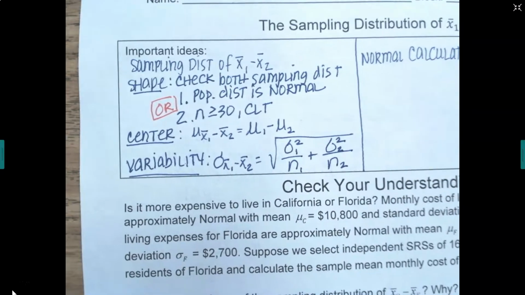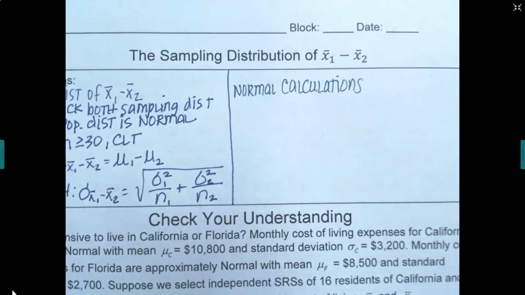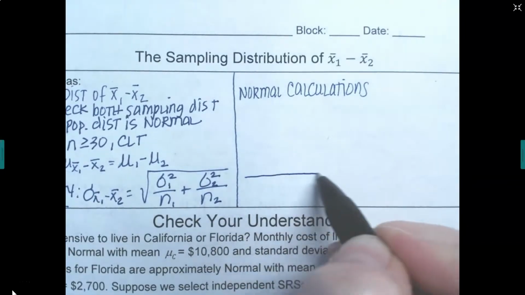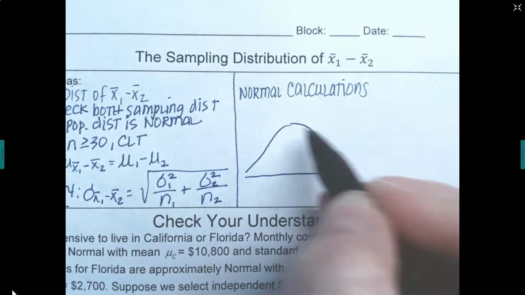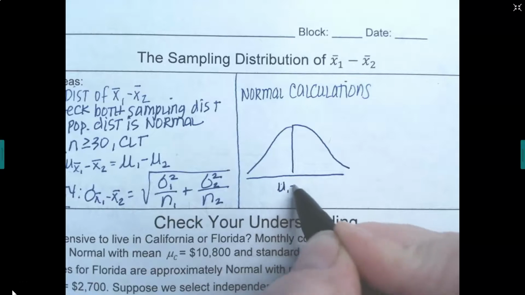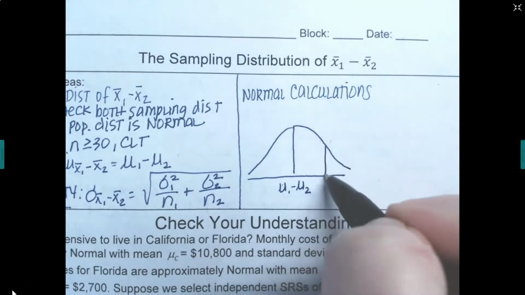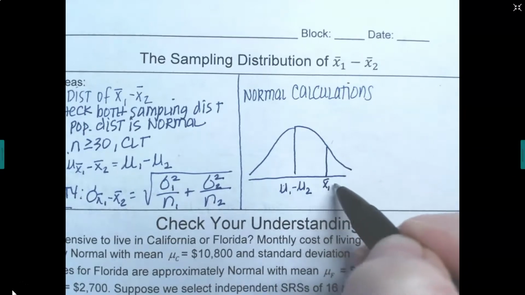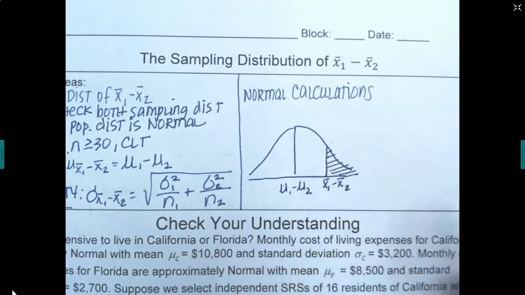All right, now our normal calculations. I keep repeating them because I want to make sure we get this right and get it just as a normal part of what we've got going on in our brains. Okay, so we have our normal curve. The mean comes from subtracting the population means. The score of interest, whatever it is, the statistic minus the statistic mean, and you'll want to shade.